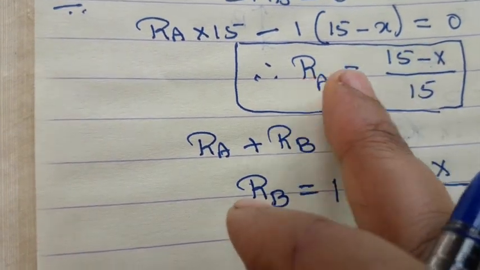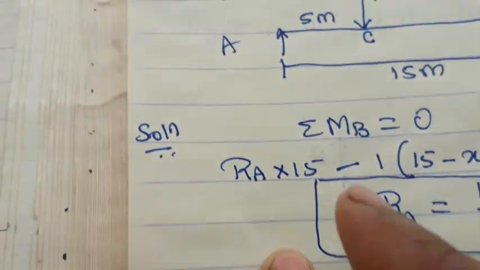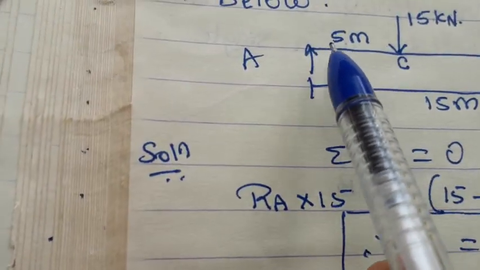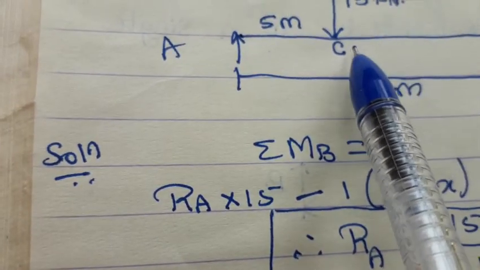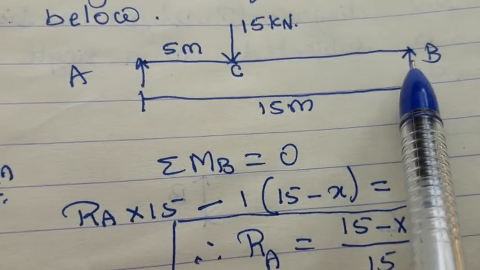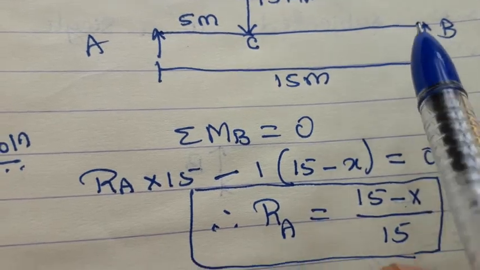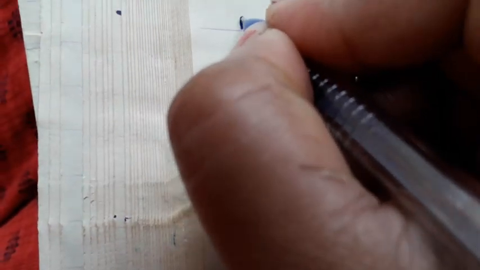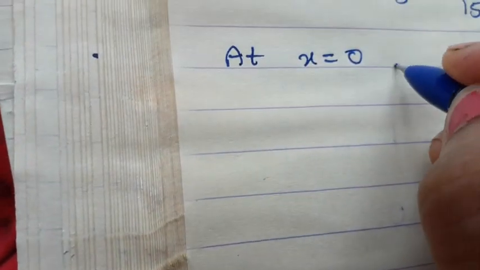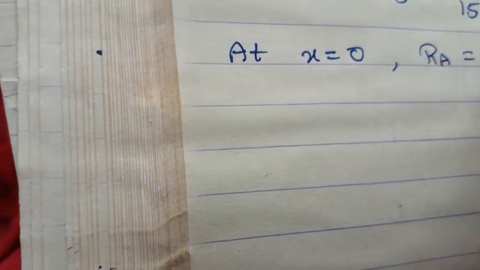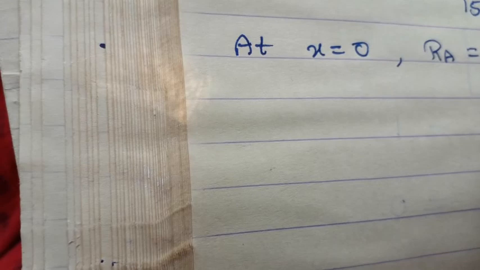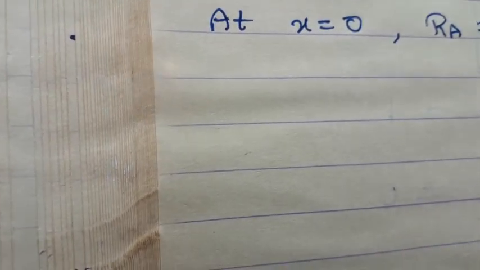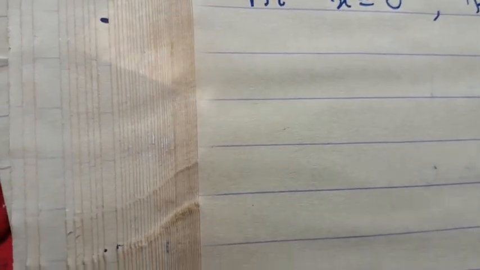So, now we have got RB and RA. What we have to do is we have to substitute the value. So, what are the cases? At x is equal to 0, at x is equal to 5, at x is equal to 15. First for RA we will do at x is equal to 0. RA is equal to (15 minus 0) by 15, which is equal to 1.